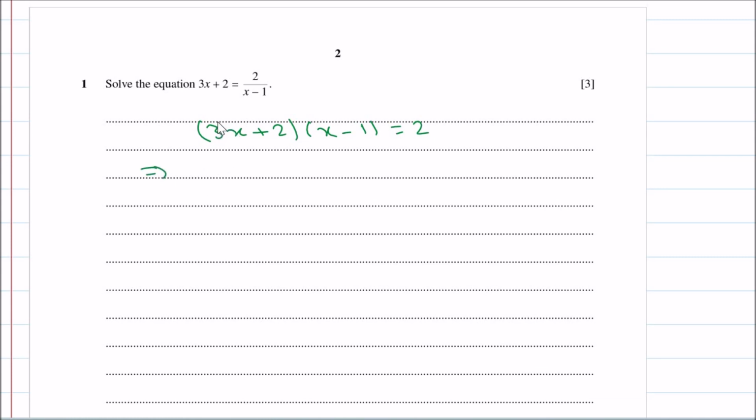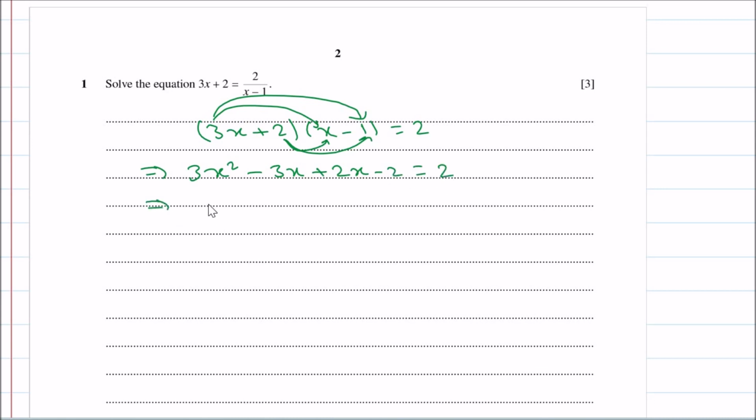Multiply 3x into x, so we get 3x square, then 3x into minus 1, we get minus 3x. Now 2 with x gives us plus 2x, and 2 into minus 1 gives us minus 2, that is equal to 2.